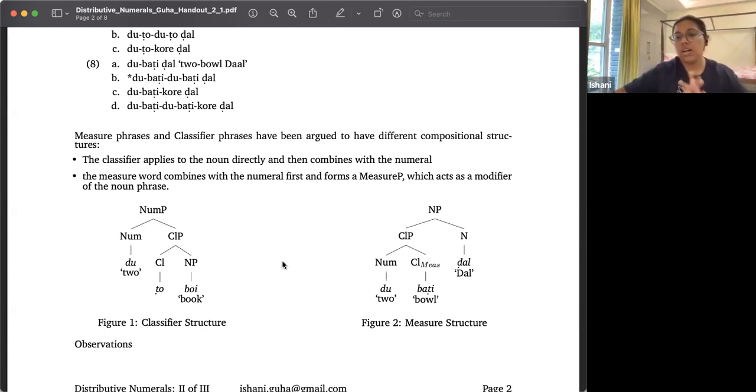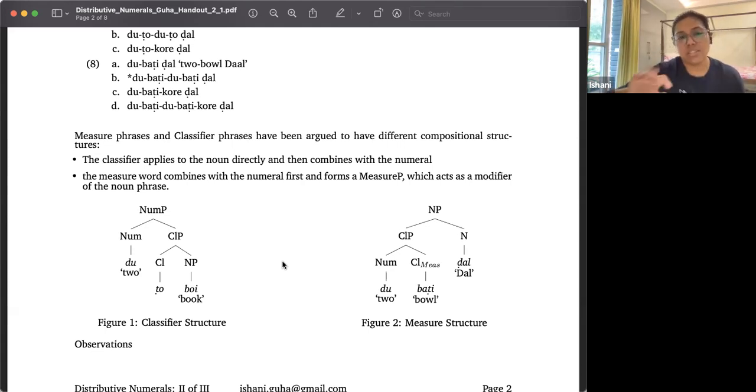Let me tell you in paraphrase what it does. In a noun phrase, the denotation has singular individuals, plural individuals, all sorts of things. But when you have to count 2 books, you have to pick out 2 instances of singular books. So what the classifier does, "to" in this case, is from that jumbled up denotation of the noun phrase "books", which is composed of singularities and pluralities, it just picks out the atoms, the book atoms.